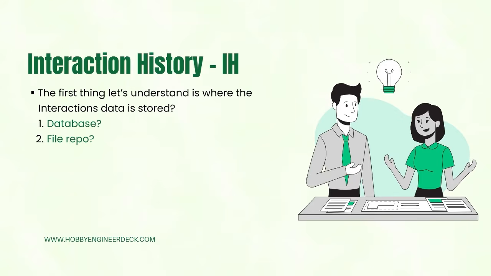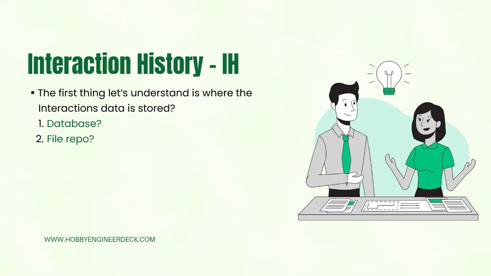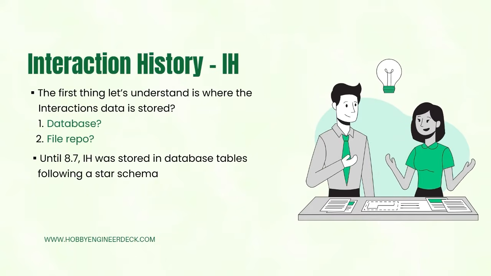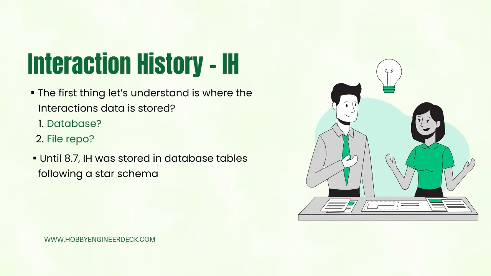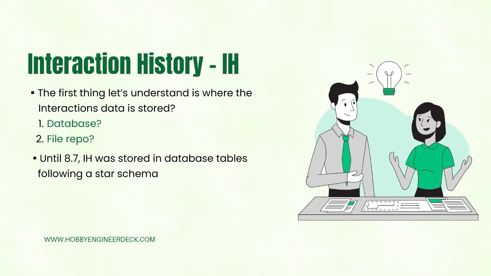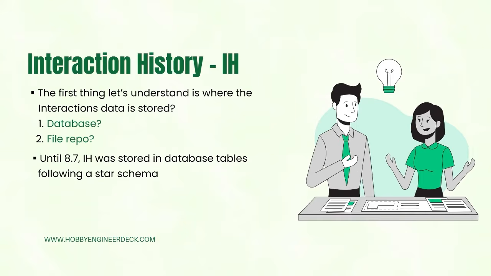So the first thing, let us understand where the interaction data is stored. There are two things, database and file repository. Until 8.7, IH was stored in database tables, and those database tables followed a schema called star schema. We'll be understanding what star schema is in our next slides.